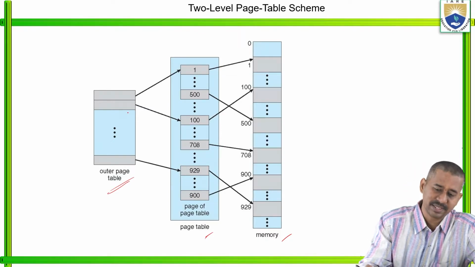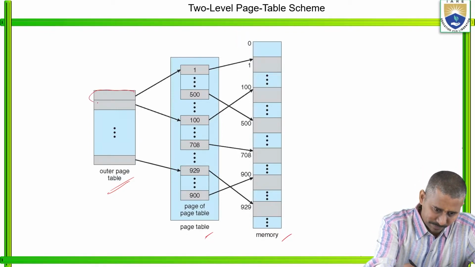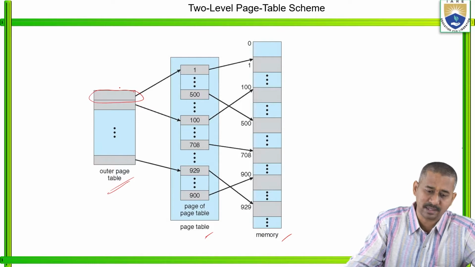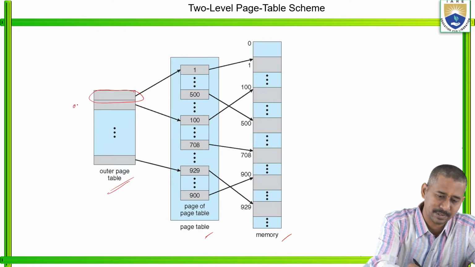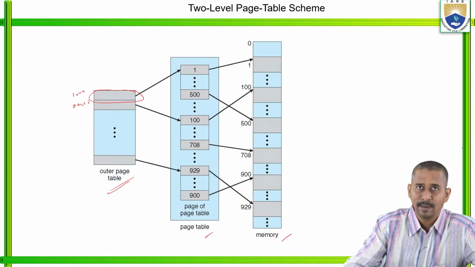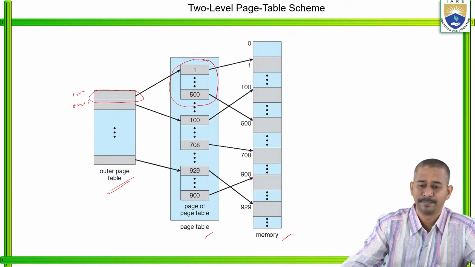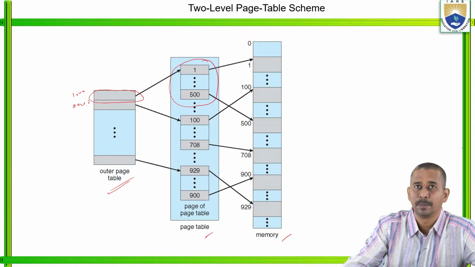Let us take only this particular part. The page numbers are represented here, for example, from 0000 to 1000, so this page table consists of this many pages, from 1 to 500.